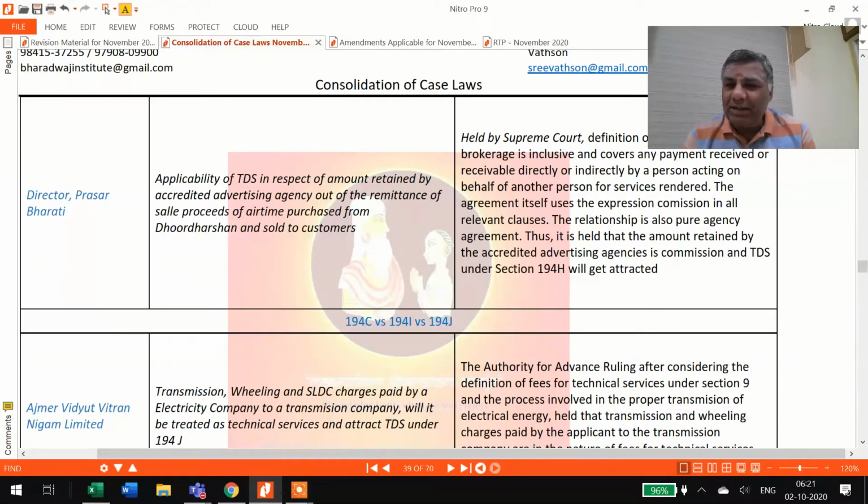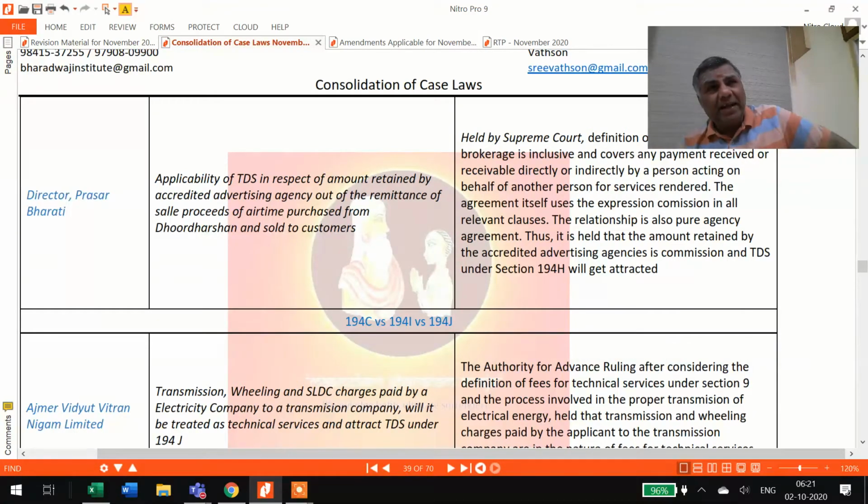So far the law was, in the case of an advertising company paying to the television channel, which will retain 15%, there was a circular itself which said that this is not in the nature of commission. The transaction is principal to principal nature, so tax need not be deducted at source.